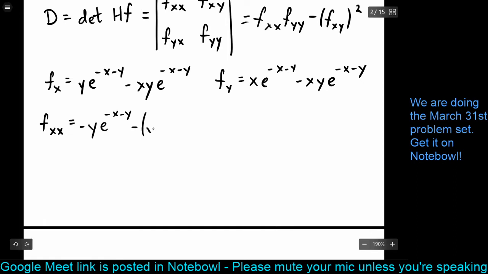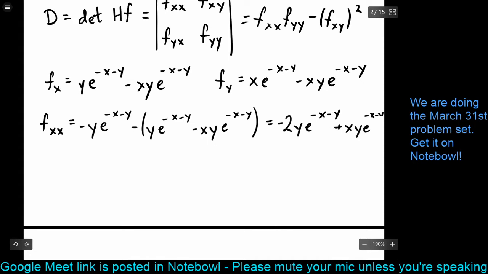So I can just write this. I know that's got to be the derivative of that part. So this simplifies a little bit because these two can combine together. Give me minus 2y e to the minus x minus y. And now I'm going to get plus xy e to the minus x minus y.